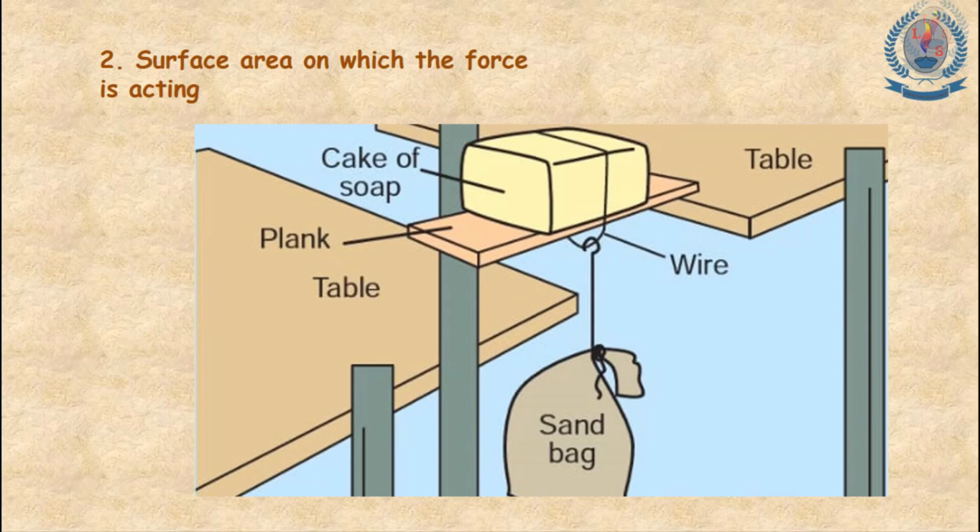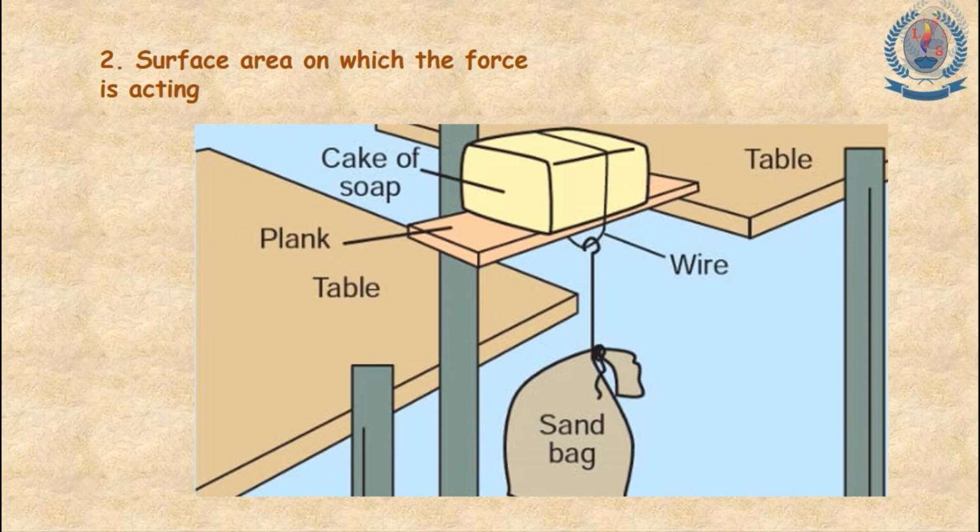The pressure is greater when the thin wire is used, you observed, and when we use a thick wire, it was less. So cutting through the cake of soap is much easier when we use the thin wire. So it means when we are reducing the surface area, the pressure is increasing.